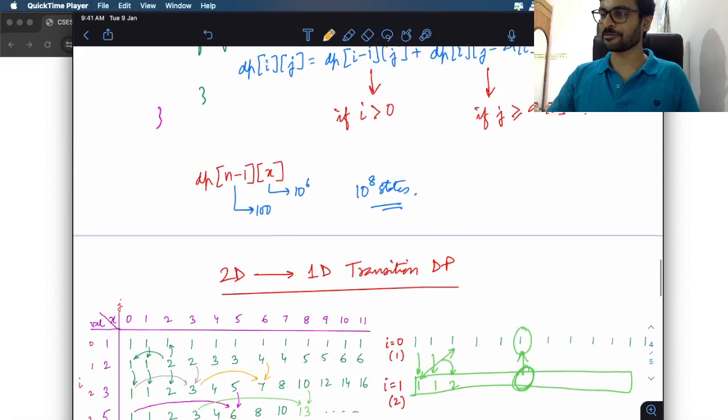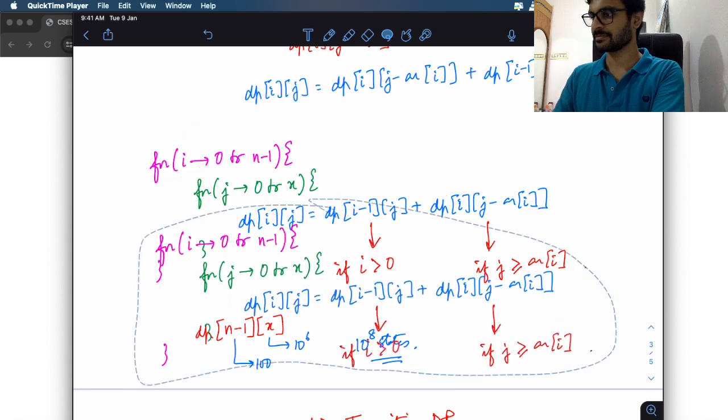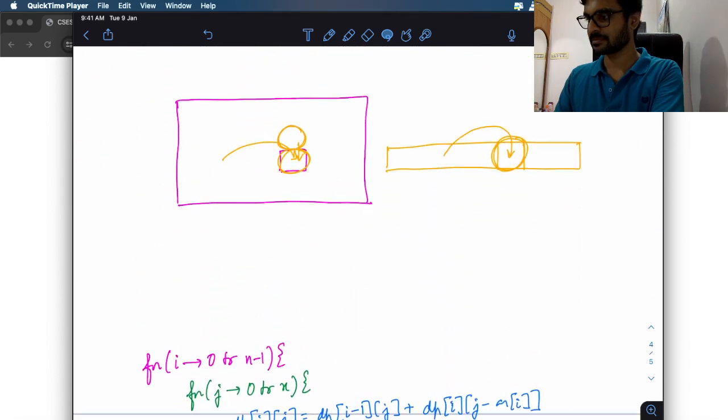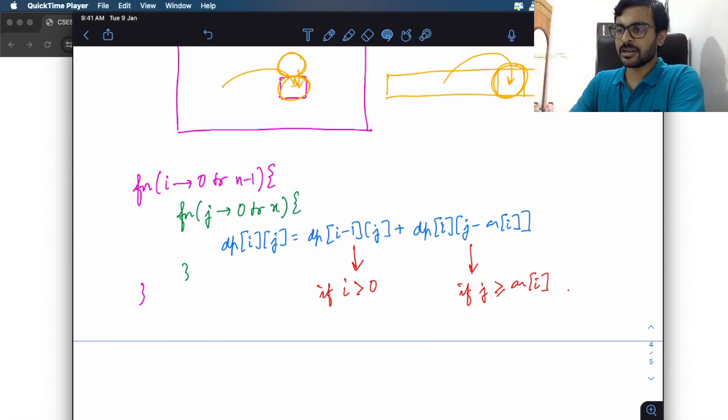So instead of depending on anything like that, you can just say, hey, go from j equal to 0 to x or whatever, instead of dp i minus 1 j, just forget i.